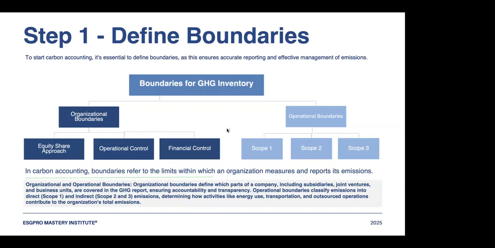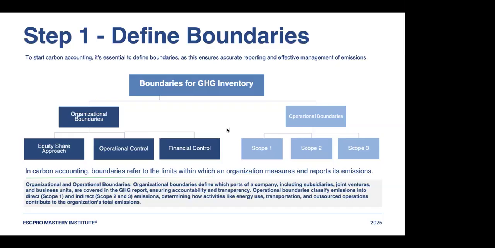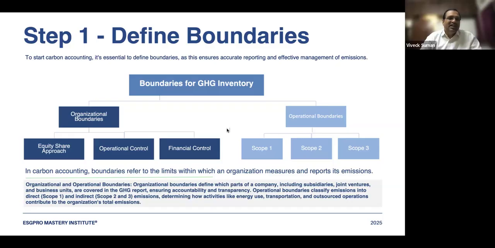Only on the one. What about those 265 where they should tell that I have 100% equity ownership? They are not reporting on that at all. They are not using the equity share approach. It's as simple as that. So what are they doing? They are saying operational control method or financial control method.